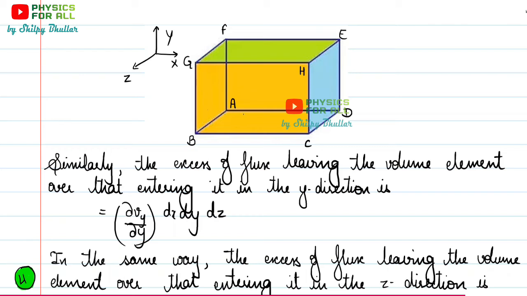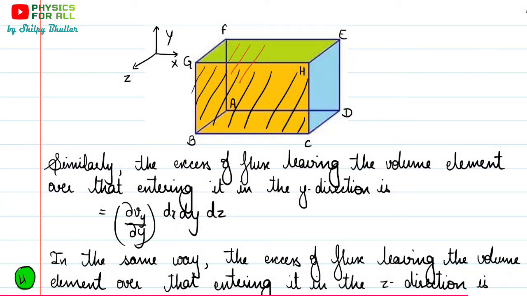Only 2 are left, and they are the front and the back. This front is BCHG, and, let me show it with a different color, the back one is ADEF. So these are left now.